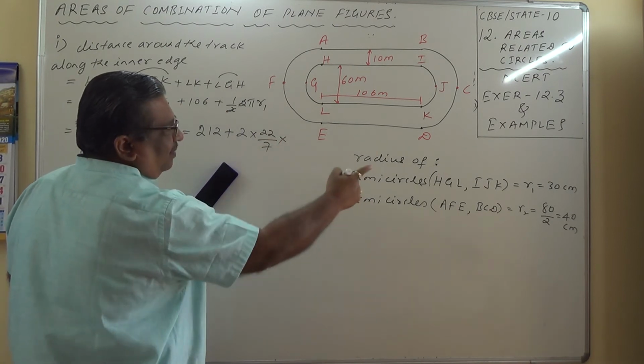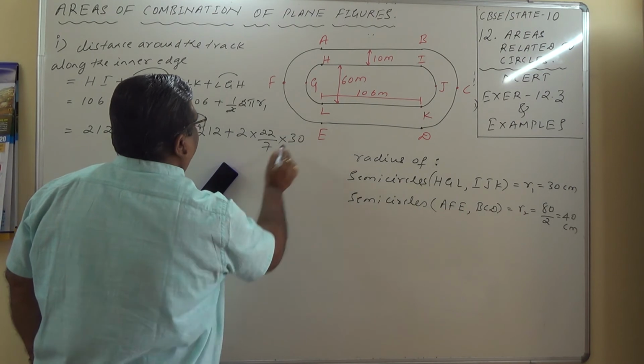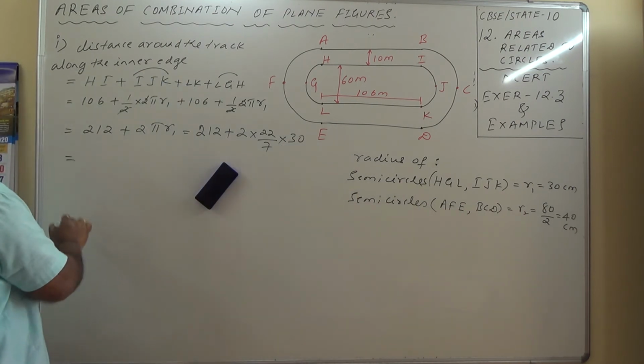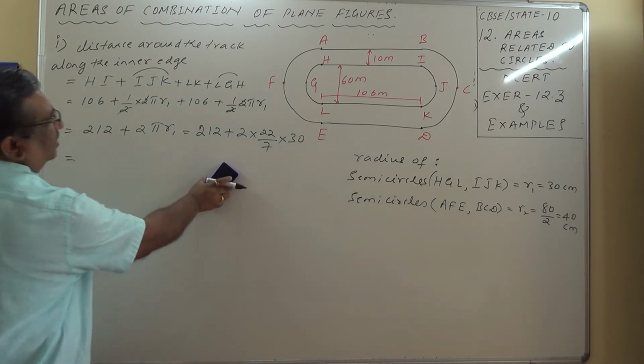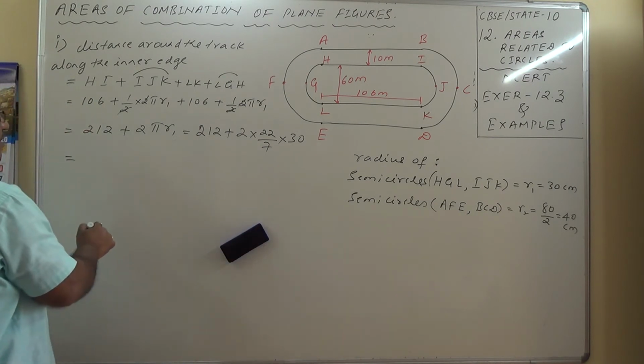How much is r1? 30. So this is equal to, how much will this be? I'll take LCM as 7.